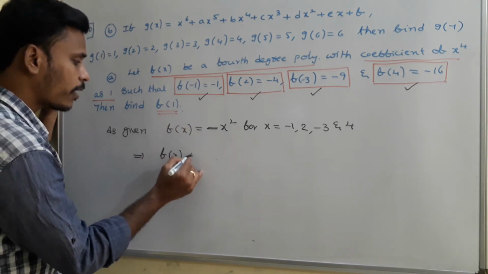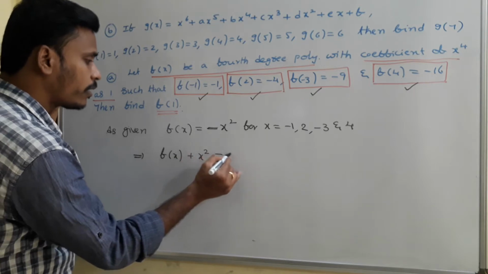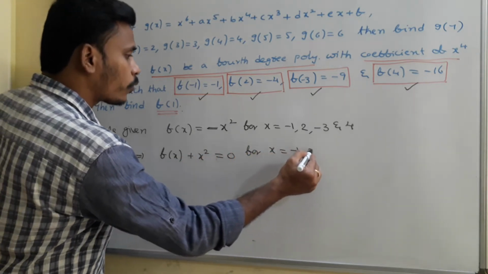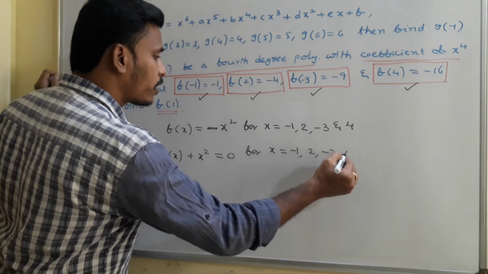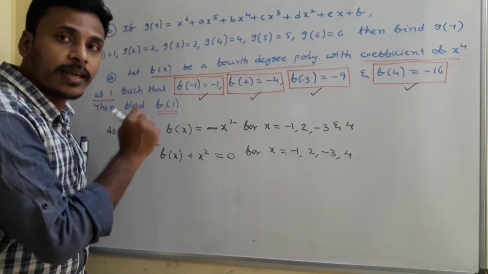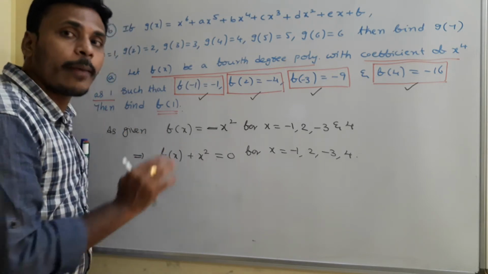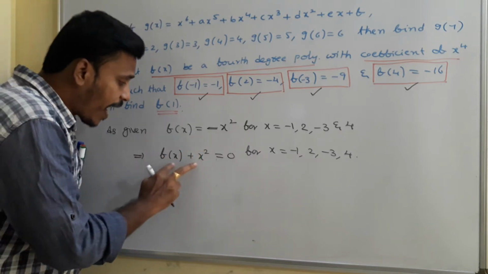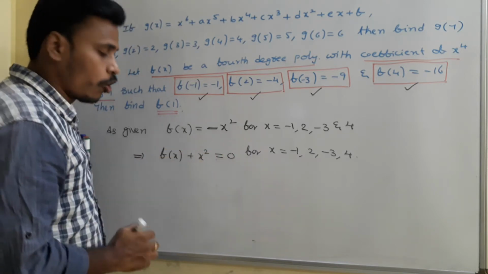f(x) plus x square is equal to 0 for x equal to -1, 2, -3, 4. Think about it: f(x) is a polynomial, x square is a polynomial, so adding these two is again a polynomial.